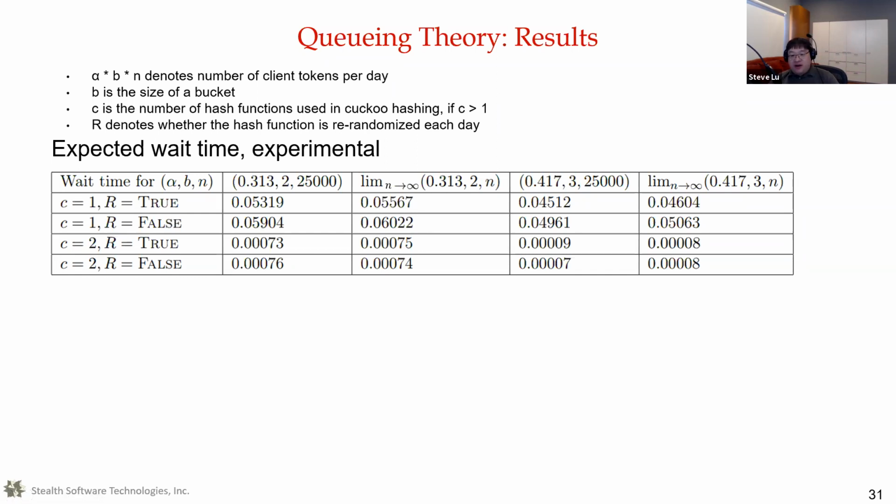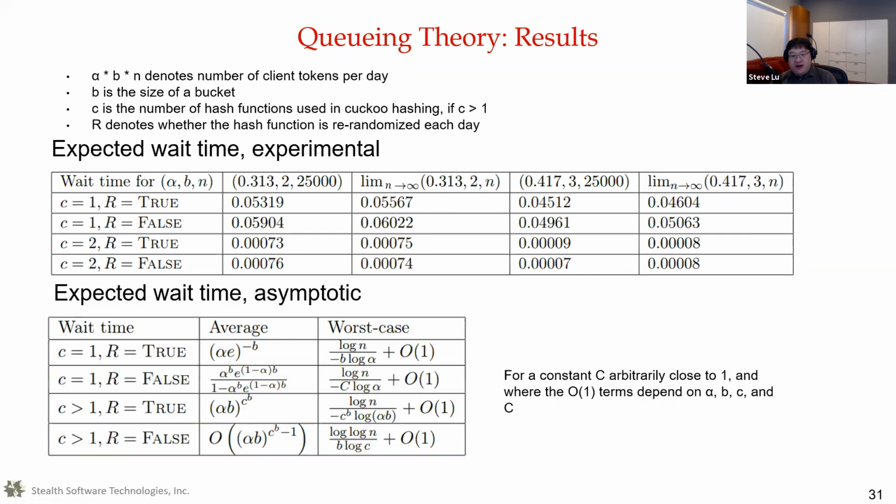Okay, and then we also performed an asymptotic analysis on this wait time, where for more than one hash function, you have an average case and a worst case that grows reasonably nicely in the number of tokens, for the sizes of tokens that they were playing around with here.